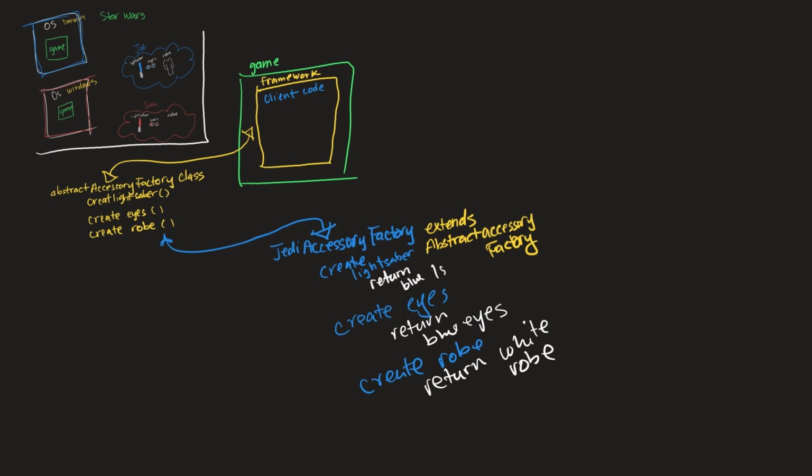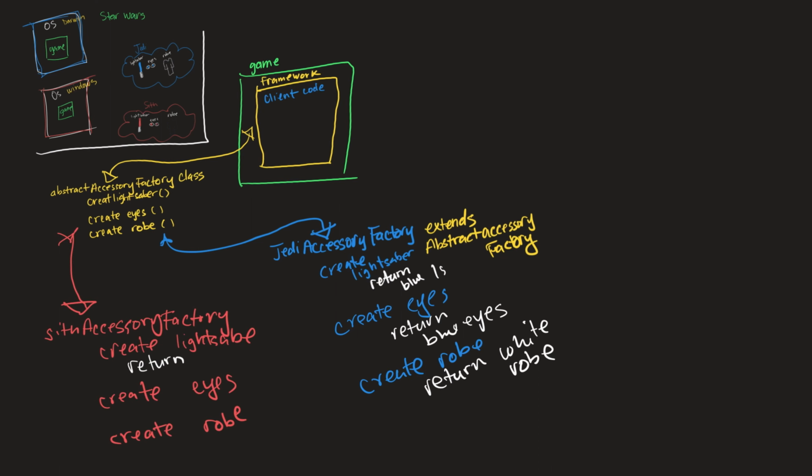And we're also going to do the same thing for the Sith accessory factory. But for the Sith one, we're going to return a red lightsaber, red eyes, and a black robe. So now we have two concrete classes, which means both of these classes have concrete implementations for the methods that are defined in the abstract accessory class.